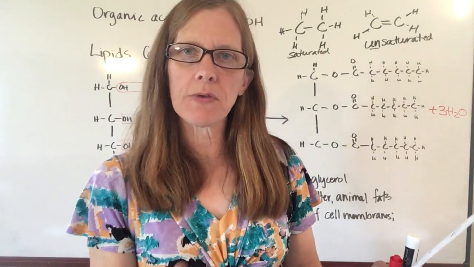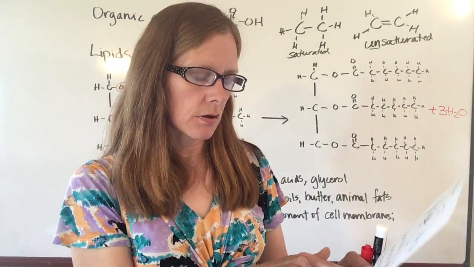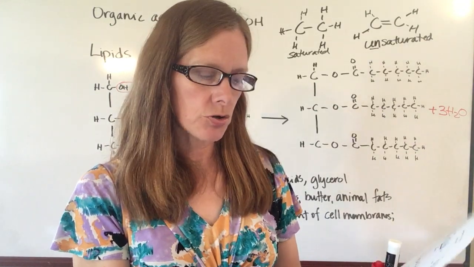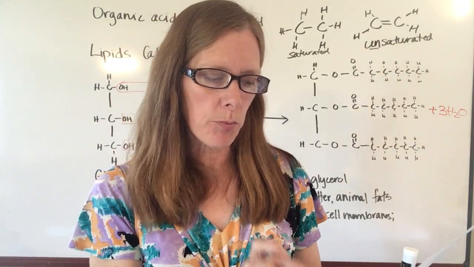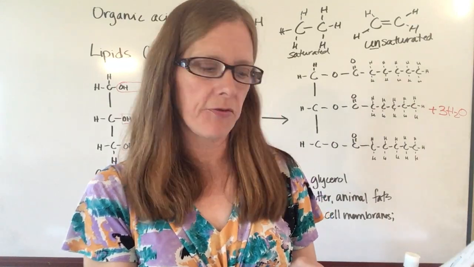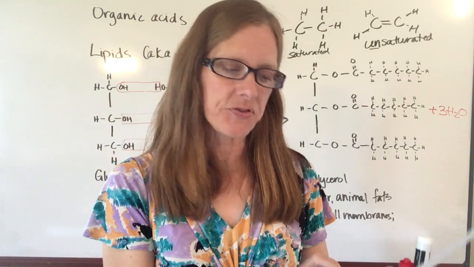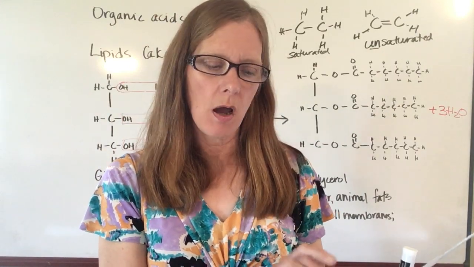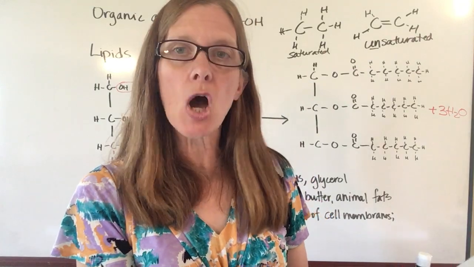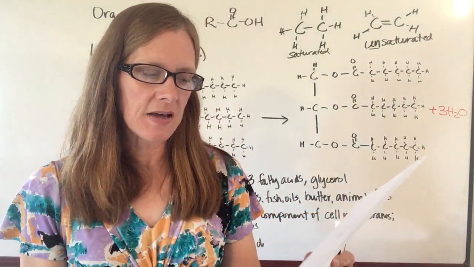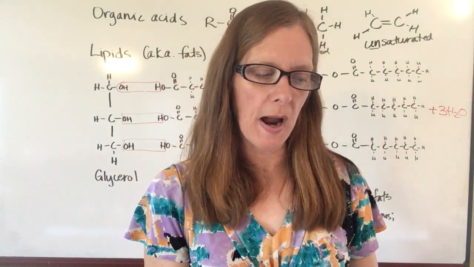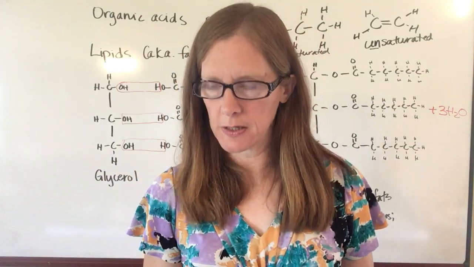Hopefully, you notice that in the molecule on the left-hand side, there are 2 carbons that have a double bond between them in place of a single bond. So that means that the fatty acid on the left is unsaturated, while the fatty acid on the right is saturated. So I make a note of that on there. The fatty acid on the left is unsaturated. The fatty acid on the right is saturated.